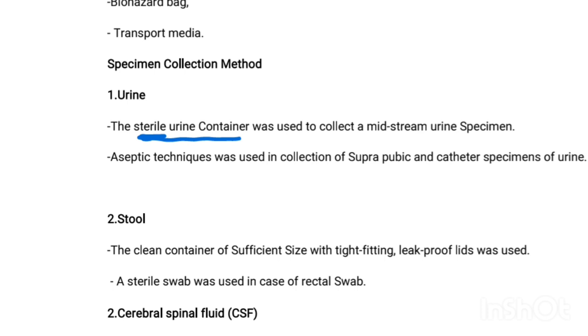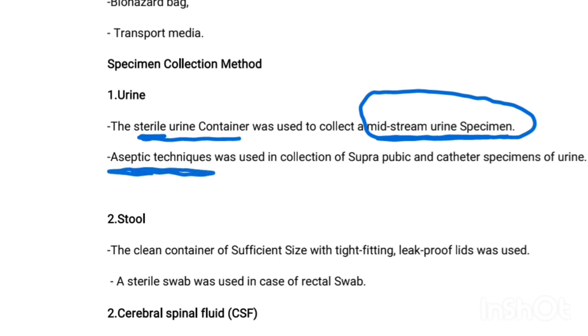Like I said, we need to collect a midstream urine, meaning the early morning urine. This is the type of urine that we have to collect. Then we have to collect using aseptic techniques. Aseptic means we need to make sure that the patient is not contaminating the urine.